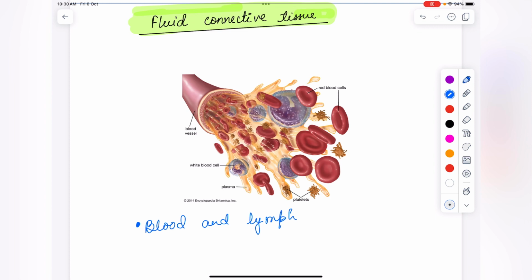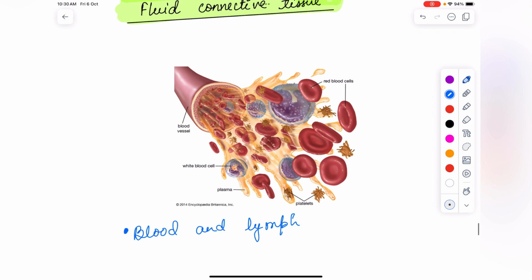Like if you talk about oxygen, RBC carries oxygen, and oxygen is used by the cells for respiration to form energy by the process of glycolysis. So for the formation of energy, what happens? When energy is formed, carbon dioxide is produced.